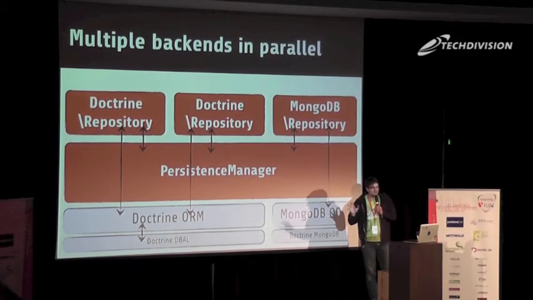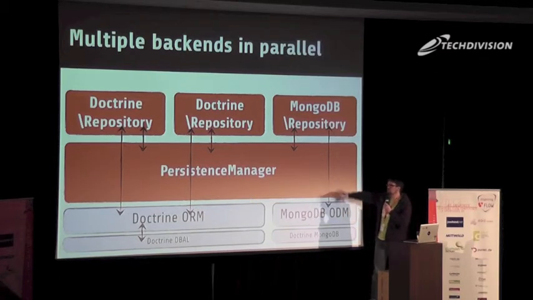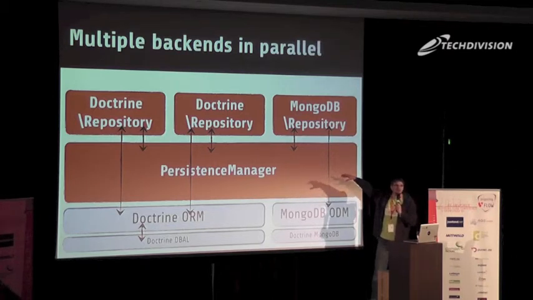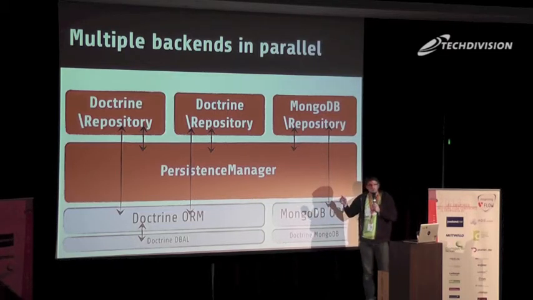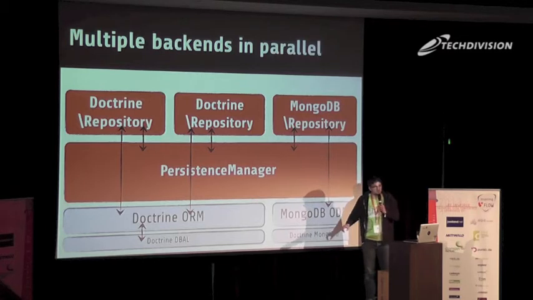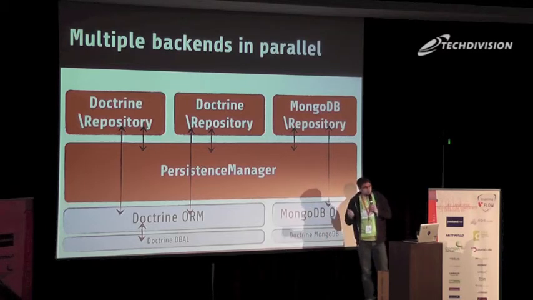So it's a bit mixed. What the future will bring is that even if you ask the persistence manager for anything, it will in turn find the correct repository responsible for a certain type, and ask that one. And what the repository will then do is talk to the actual implementation of the persistence backend, so to the ORM, or to the MongoDB, or to Couch, or to whatever.